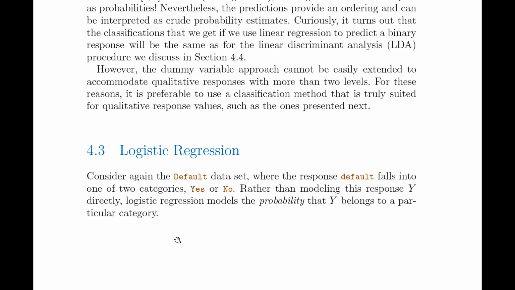Logistic regression. Consider again the default dataset where the response default falls into one of 2 categories, yes or no. Rather than modeling this response Y directly, logistic regression models the probability that Y belongs to a particular category.